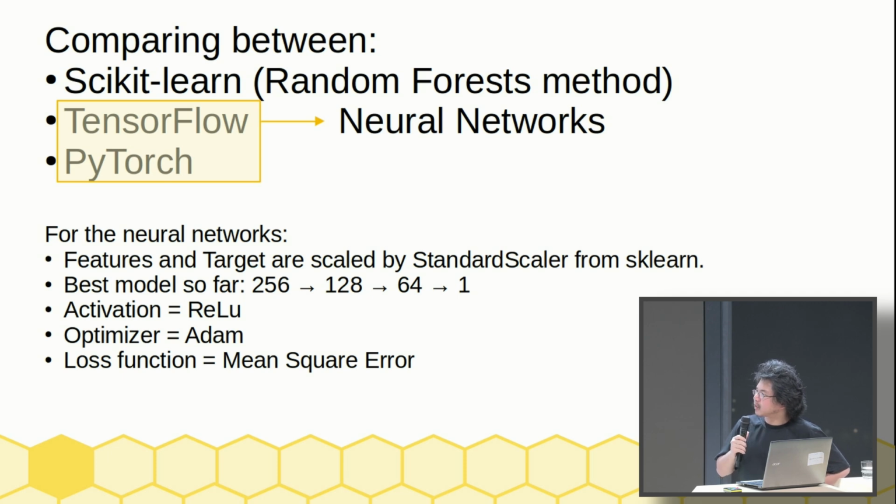The best model so far has a first layer of 256 neurons, then a second layer of 128, then 64, and then the final output. I played around with these neurons, and I found this is the best configuration so far. We have the activation function of a rectified linear unit, an Adam optimizer, and the loss function is mean squared error.